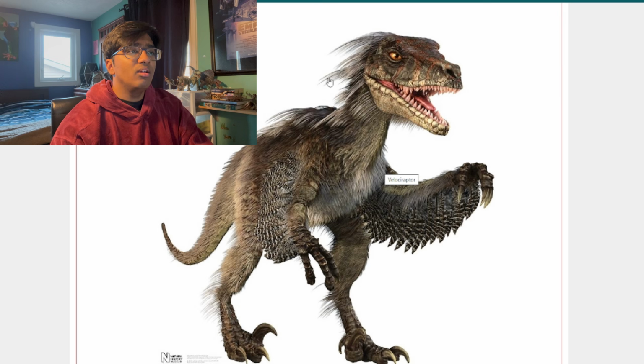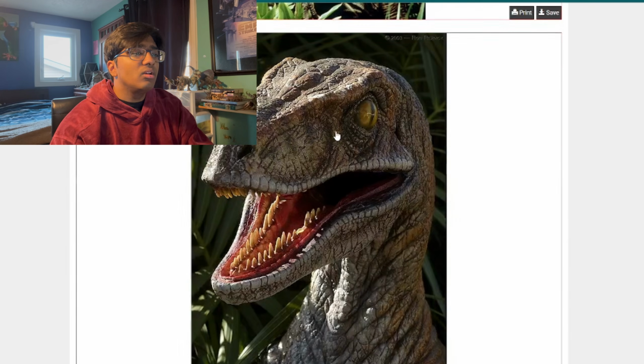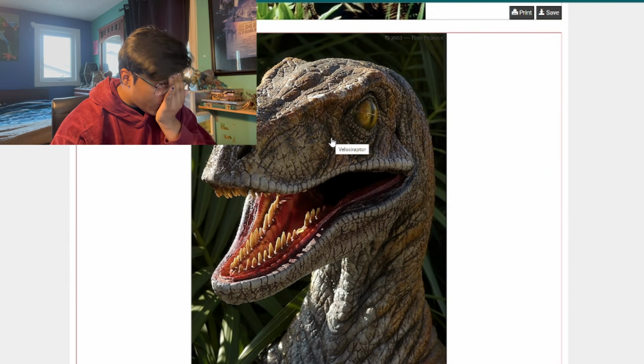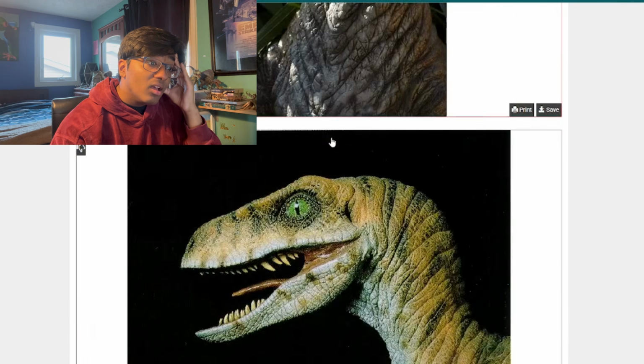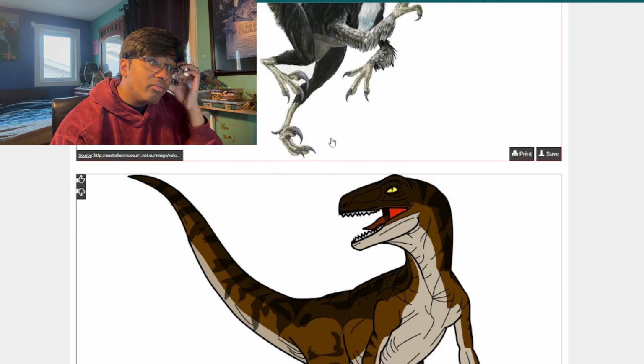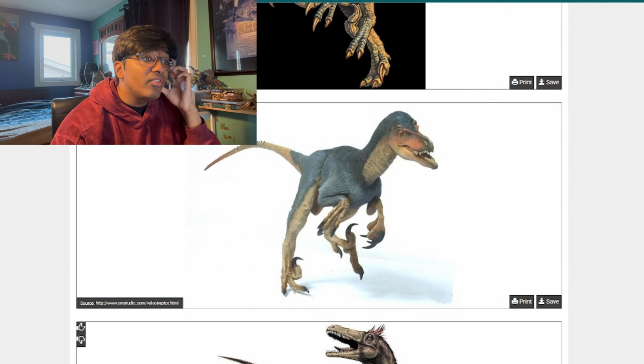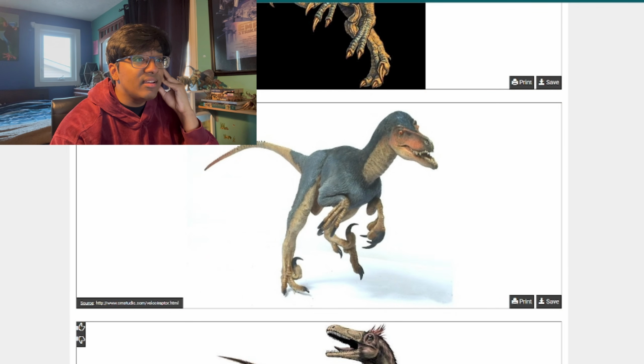I haven't seen that in forever. That's... Ugh. God, get that off my... Are you telling me that out of all of these, the only accurate Velociraptor is fucking AI generated?